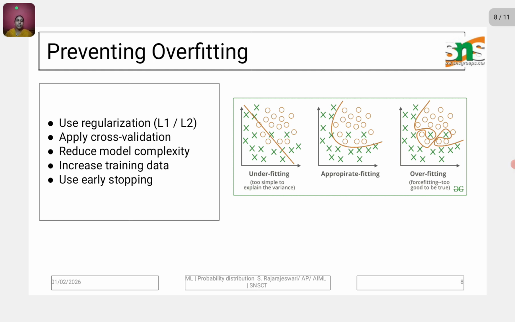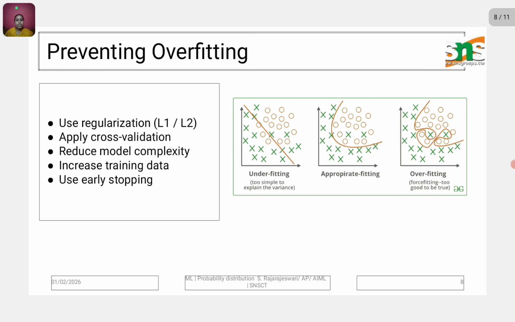Here the graphical representation shows underfitting, appropriate fitting, and overfitting. Underfitting is too simple to explain the variance.